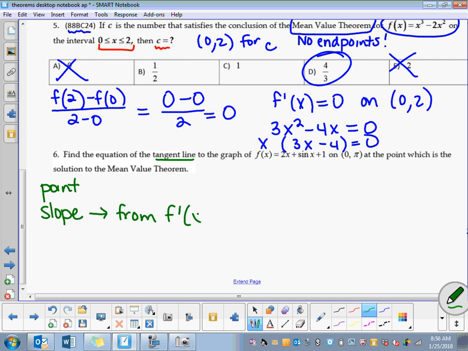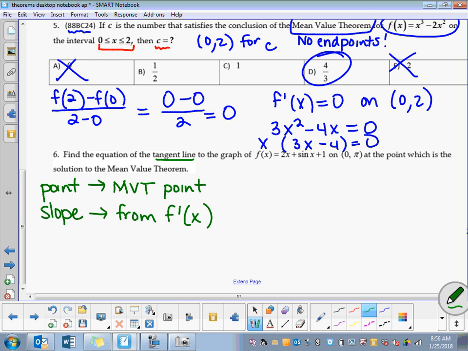The slope is going to come from f prime of x. The point, this is what they don't tell us in this problem. So the point we need is the mean value theorem point. Okay.